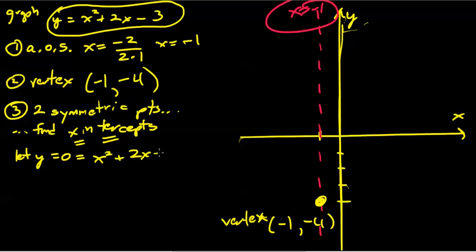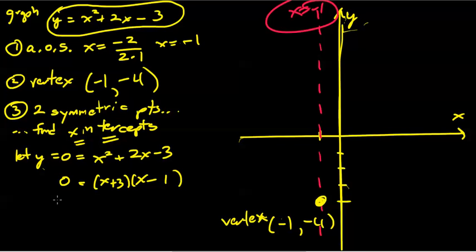If I plug y equals 0 into my original equation, I get a degree 2 equation, a quadratic equation that I can easily solve for x, much like we did in section 5.9. If I factor this polynomial expression, I think x plus 3 times x minus 1 will do it.